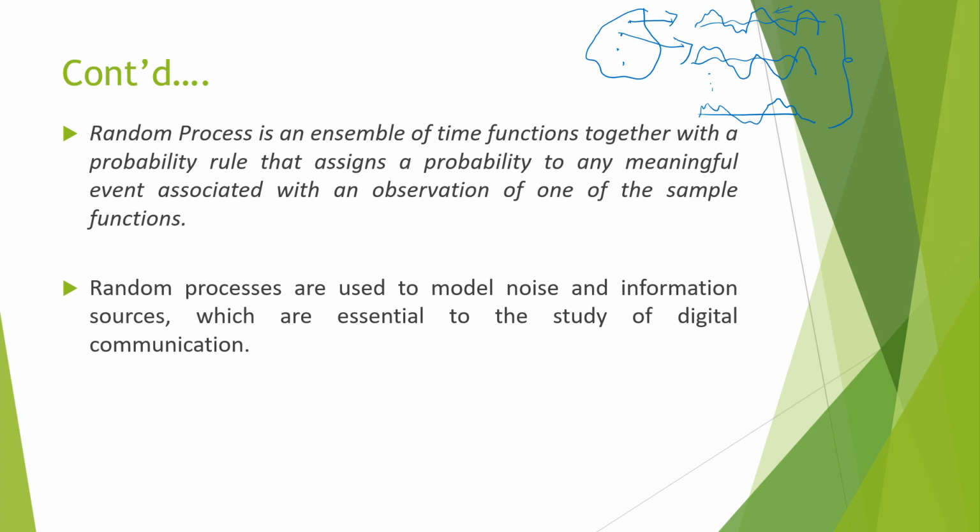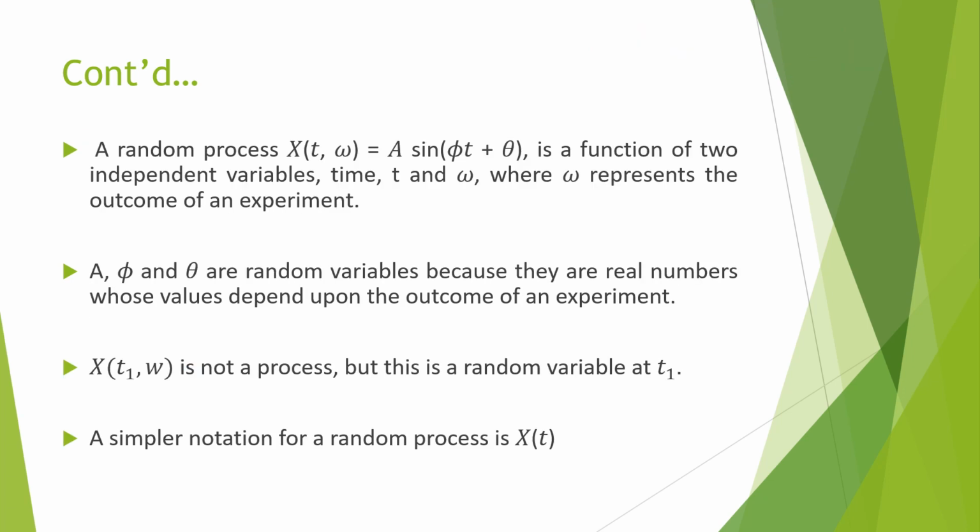Now why are they useful to us? Random processes are very much used to model noise and information sources, which are essential to the understanding of digital communication. We take one example of a random process. Suppose this is a sample space with different outcomes, and each outcome is mapped to a sinusoidal oscillator.